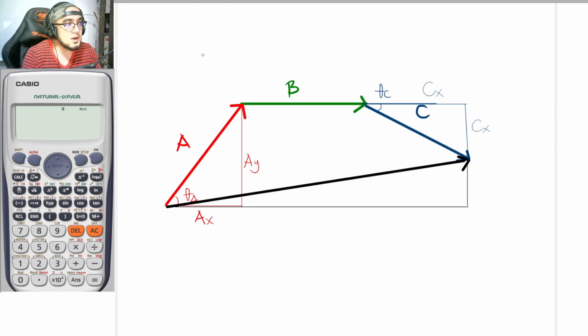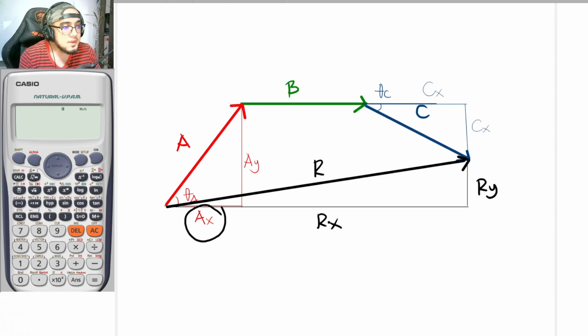If this is your resultant R, this is your Rx, and this is your Ry. Using all of these components, we can actually solve for the value of your Rx, and using this vertical component, by the way, this should be Cy, I'm sorry, using the summation of our vertical components, we can actually get the value of your Ry.